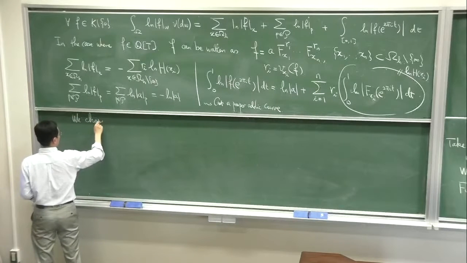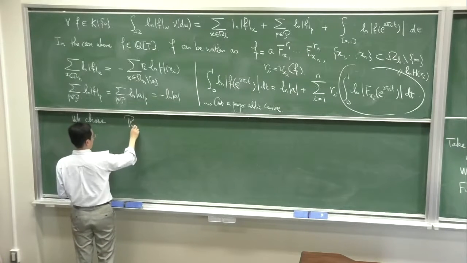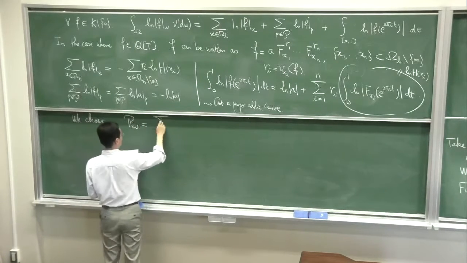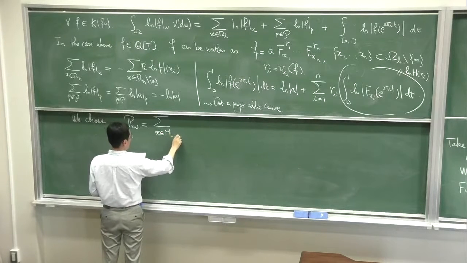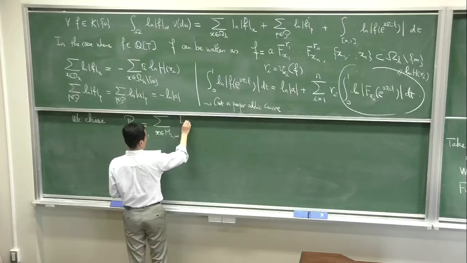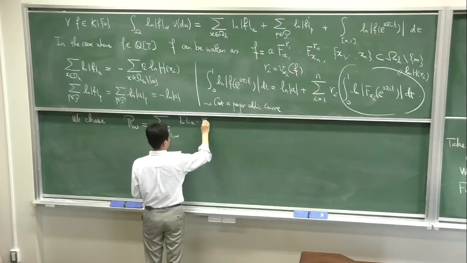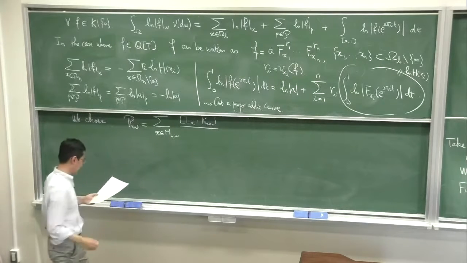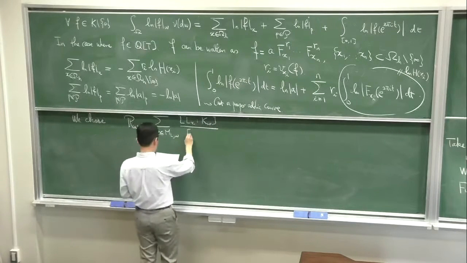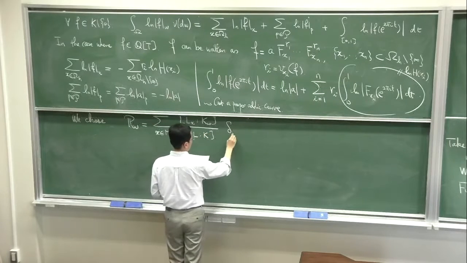Of course, the natural choice is that P omega is the sum over x in M_L omega of the degree of L_x over K_omega divided by the degree of L over K, times delta x.